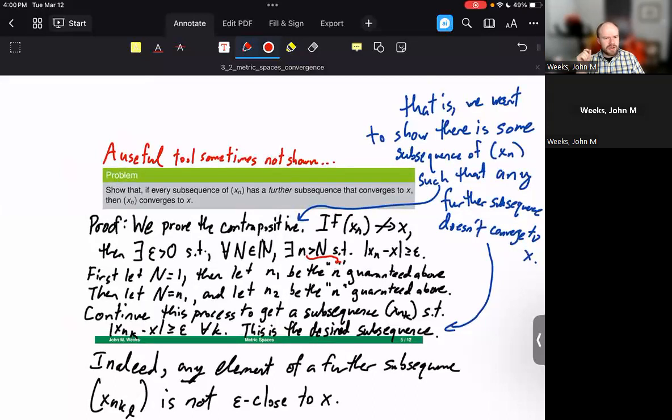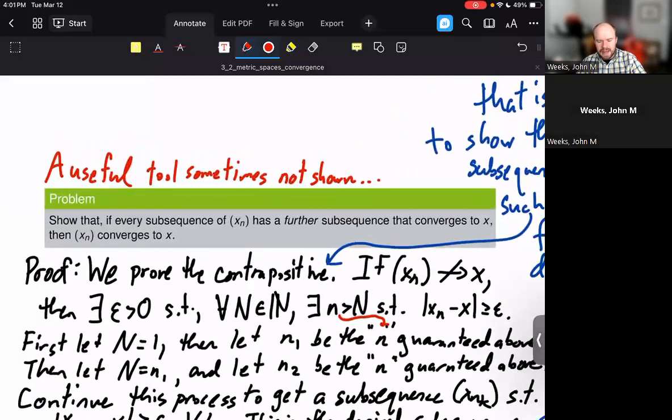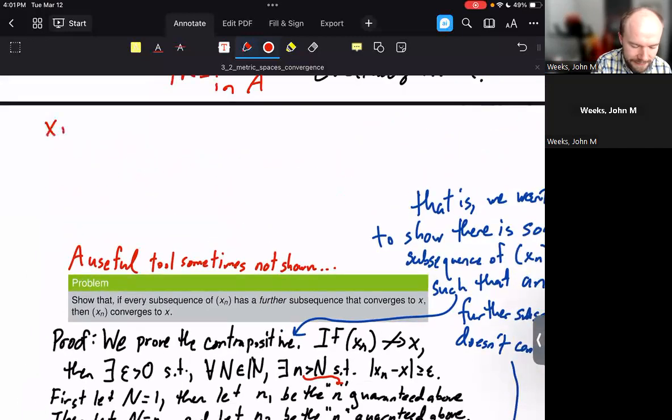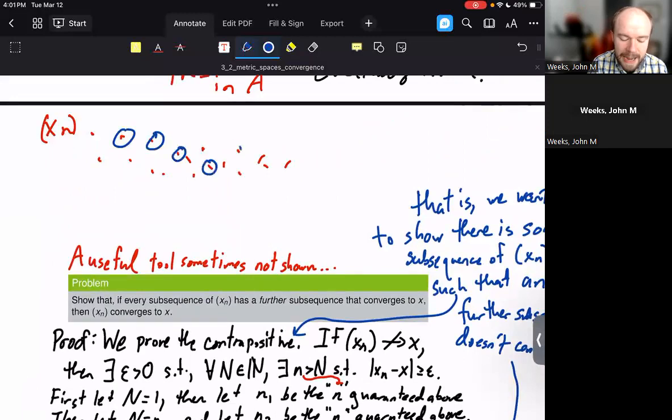This problem says this: show that if every subsequence of x sub n has a further subsequence that converges to x, then x sub n converges to x. Picture-wise, what's going on here? Let's say you have a sequence x sub n, and you don't know much about it to begin with. It's got a lot of stuff going on. But let's say that for any subsequence that you might pick, there exists a further subsequence that converges to a specific number.